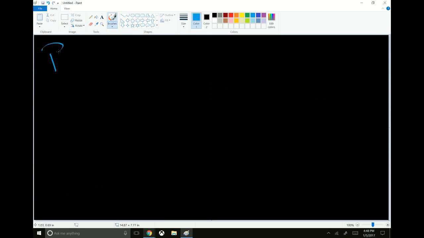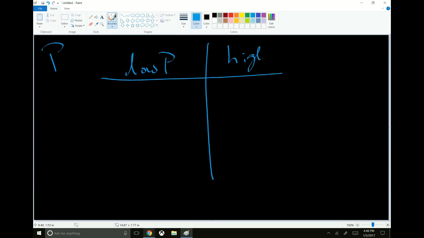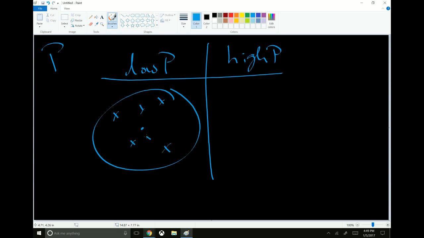So we'll talk about precision first. Low precision means you have a lot of random error, a lot of noise. So here's your dartboard, there's the bullseye. Low precision means your answers are kind of scattered all over the place, randomly and with a lot of noise.